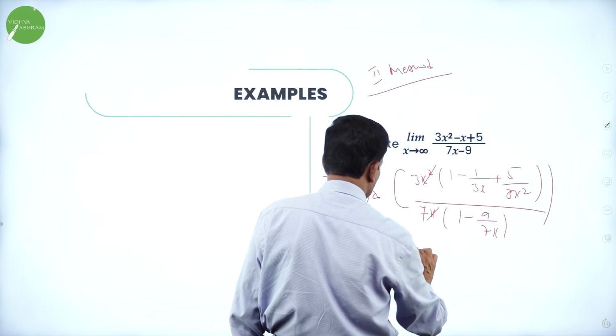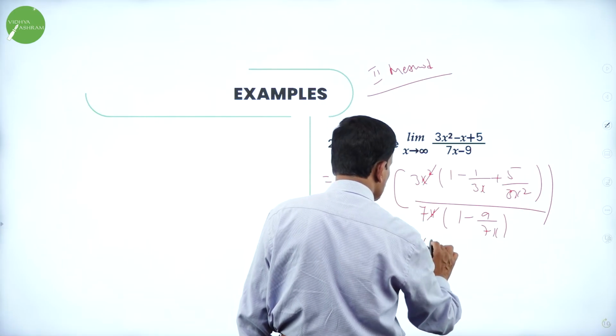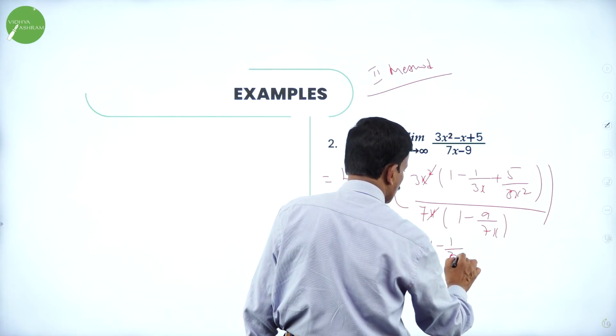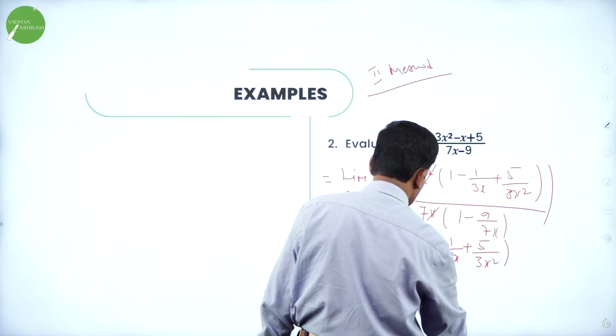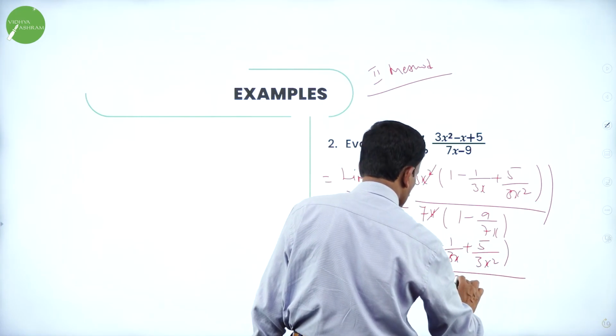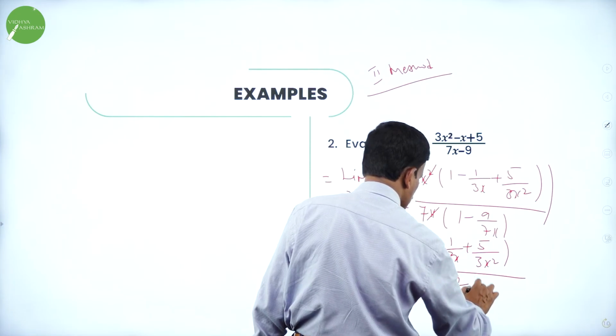And what is left in the numerator is x into 1 minus 1 by 3x plus 5 by 3x square divided by, in the denominator, 1 minus 9 by 7x.